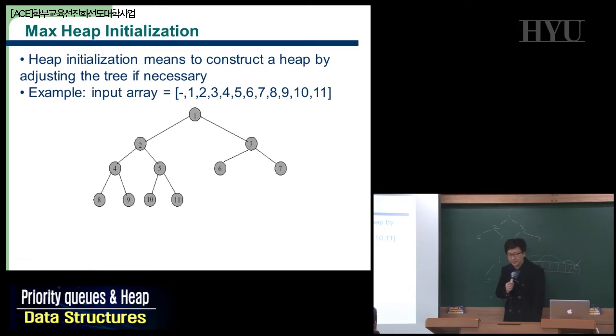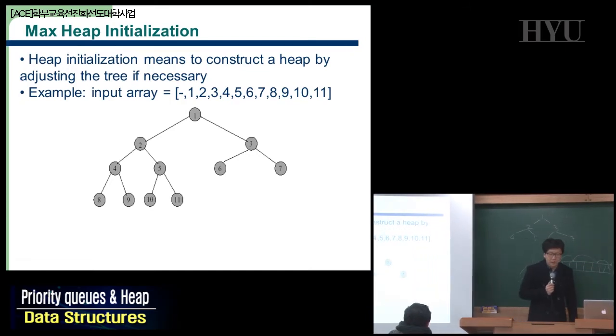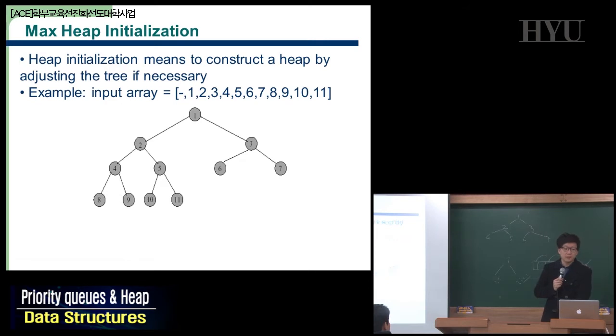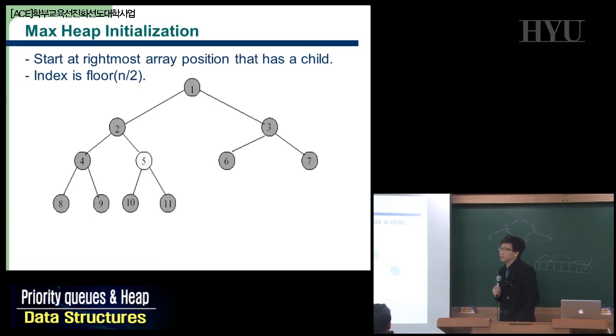So like this. 1, 2, 3, 4, 5, 6, 11. That's an input array. So how do you make this as a heap? Start max heap initialization, making a heap tree from the initial random tree. Start at the rightmost array position that has a child.